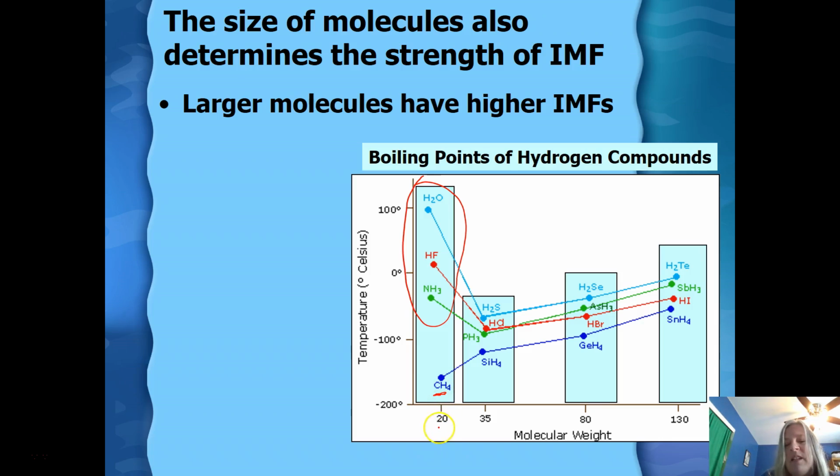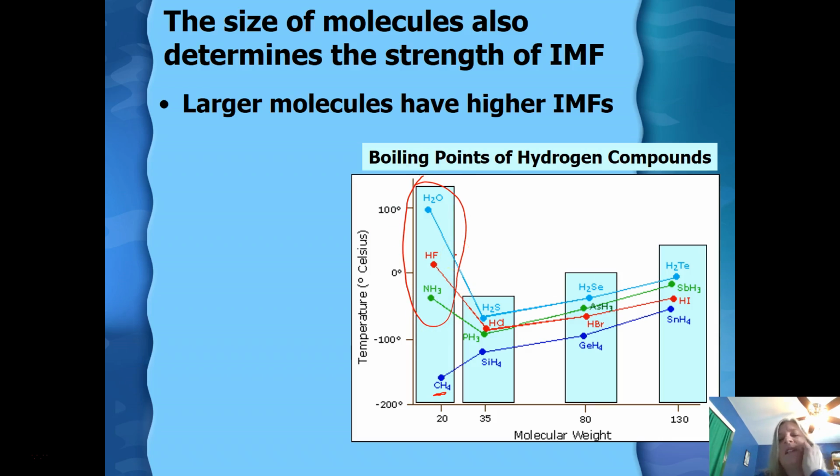It's small. It has a molar mass of about 20. And then here is silicon tetrahydride, or SiH4, that is a little bigger on the periodic table. And as we go up, you can see that the boiling point is increasing as the size goes up. And you'll see that trend for everything but these guys that I put a circle around.